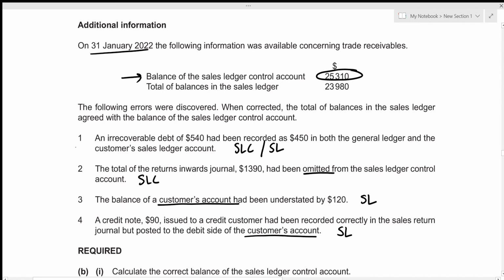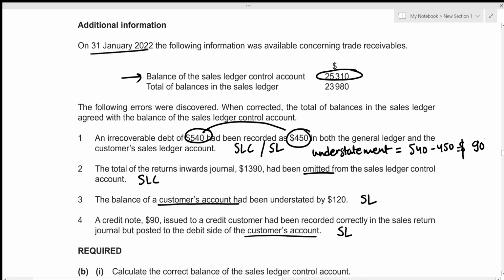Okay, firstly, we'll deal with only those errors affecting the sales ledger control account. And the first one definitely affects it. An irrecoverable debt of 540 had been recorded as 450. So this is actually an understatement, and it is understated by the difference amount. So that's just 540 minus 450, which gives 90. So the value of irrecoverable debt is understated by 90 in our sales ledger control account.